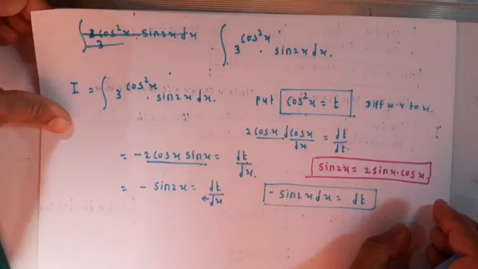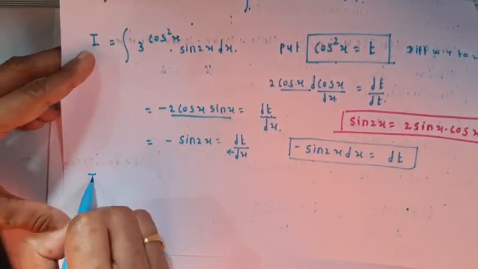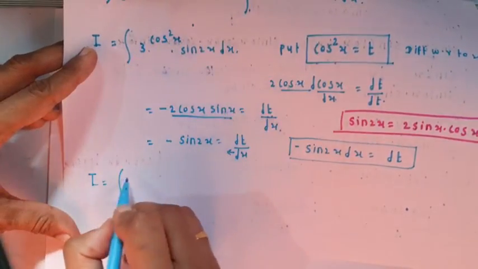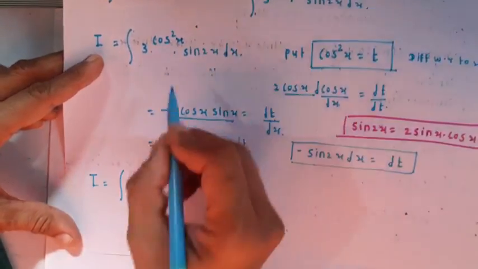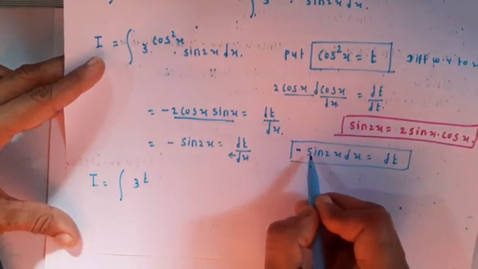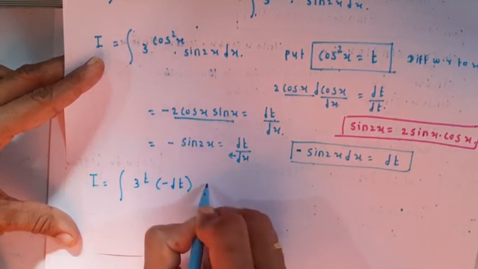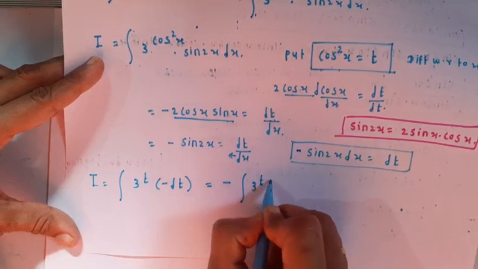Now see our integration. Integration I equals integration of 3 raised to cos square x, that is 3 raised to t, and sine of 2x dx equal to minus dt. So take the minus sign outside and we get 3 raised to t dt.